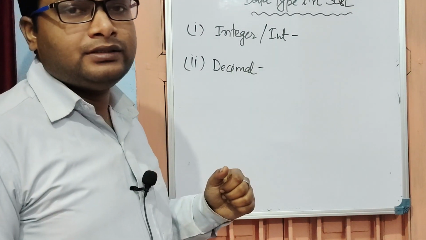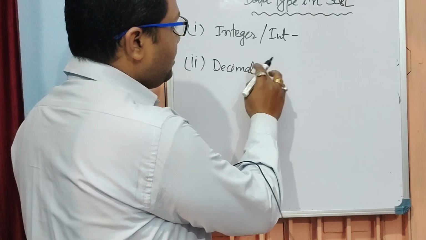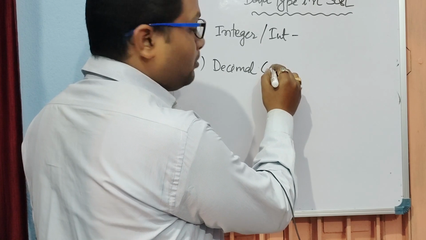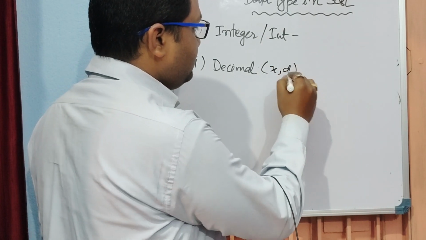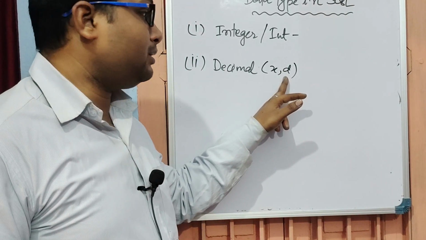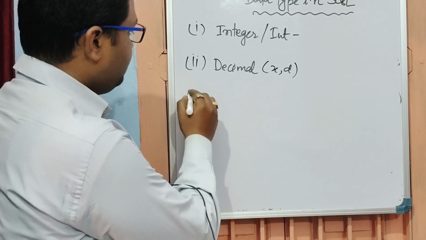So how is decimal used? If you are using the decimal data type, you have to specify the total number of digits, that is x, and after that d. D means the maximum number of digits after the decimal point.